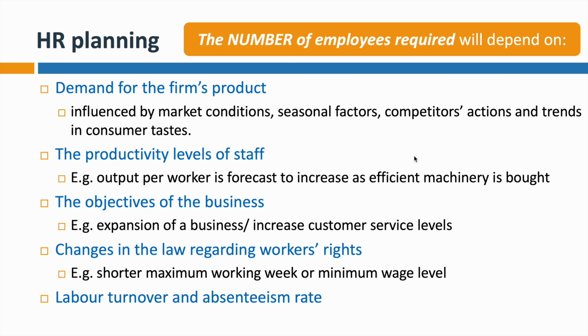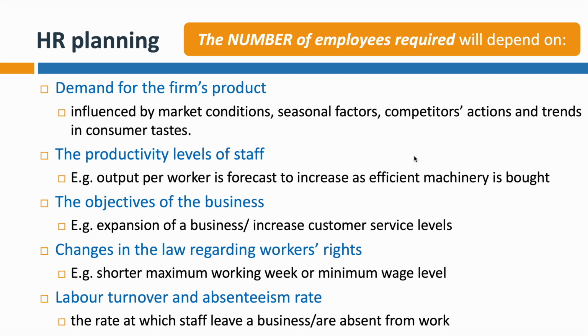And the last one, labor turnover and absenteeism rate. What are those? We're probably going to have a look at the definition of those later on. But just very quickly, it's the rate at which staff leave a business or are absent from work. So labor turnover: what is the extent to which we have people changing in our business?